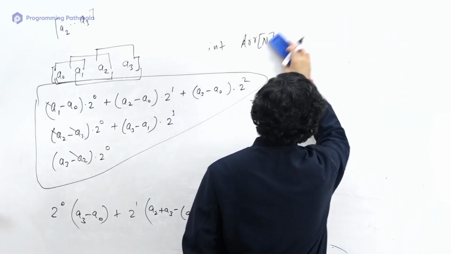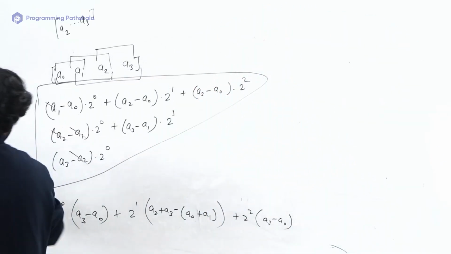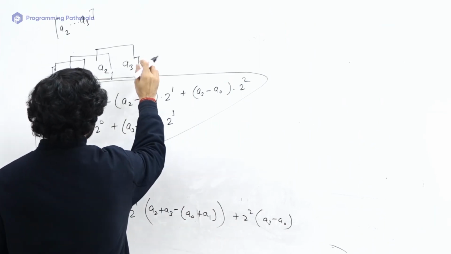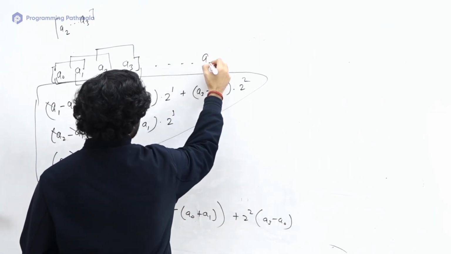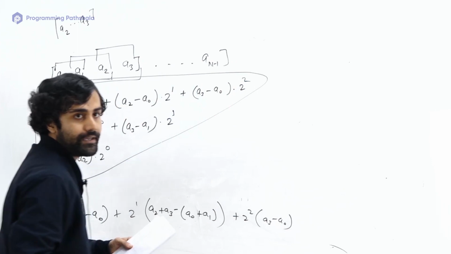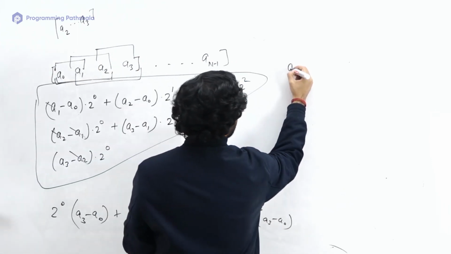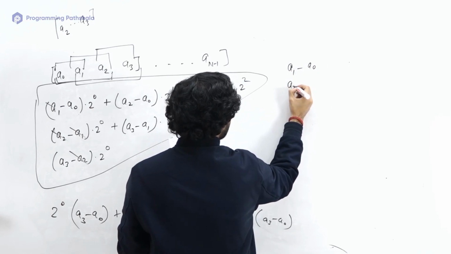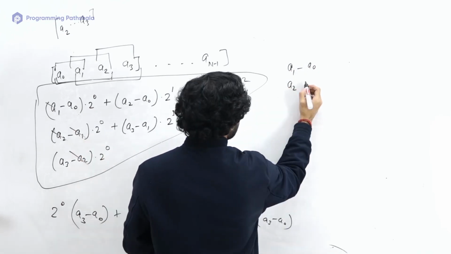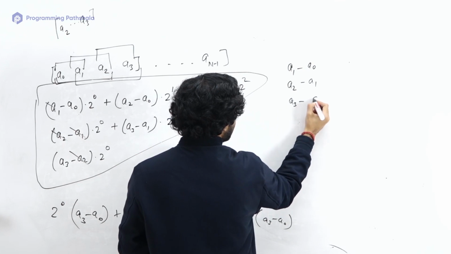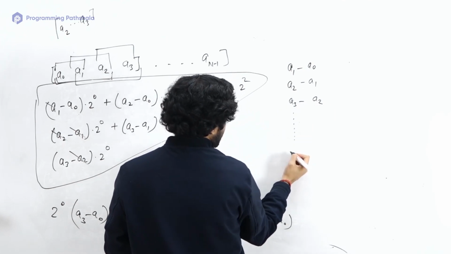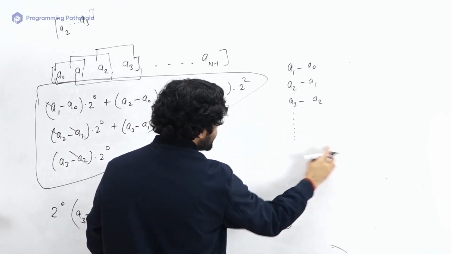If I have a generic case, what will happen in that? So let's say there are n elements, from a0 to a(n-1). What will be the first term? The first term will be a1 minus a0, the second term will be a2 minus a1, then a3 minus a2. Can somebody tell me the last term?